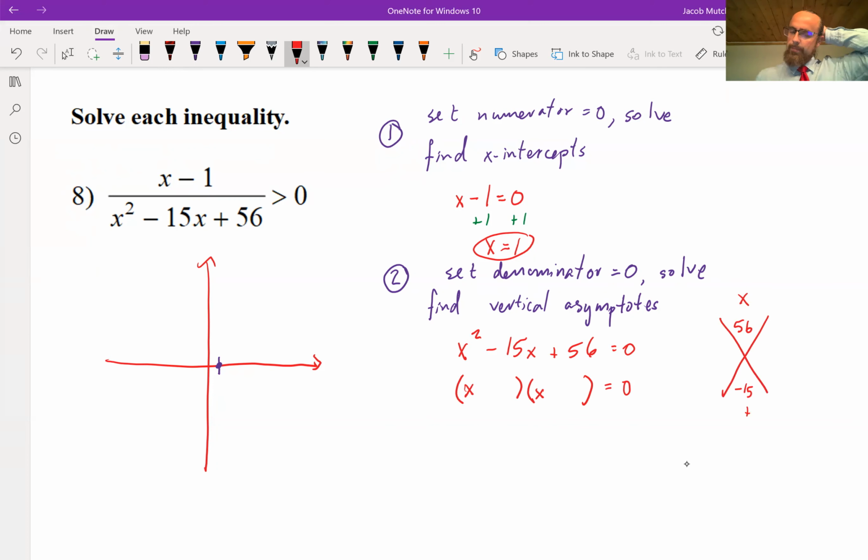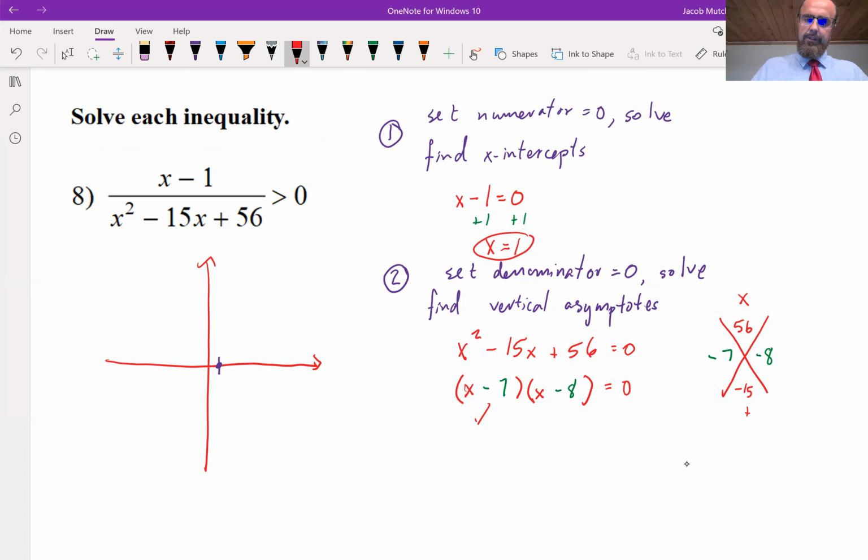What two numbers multiply to the c term 56 but add to the b term negative 15? And I can see right away that that's going to be negative 7 times negative 8. Negative 7 times negative 8 multiplies to 56. The negatives cancel. But when I add them, negative 7 plus negative 8, that adds to negative 15. So there's my two factors, x minus 7 times x minus 8.